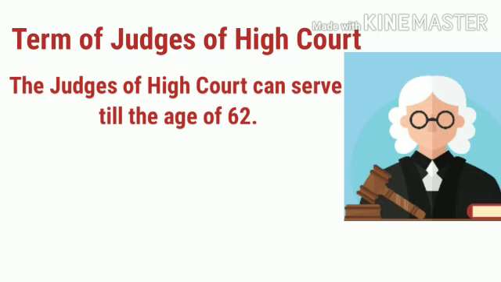After retirement, they may be appointed judges of the Supreme Court, or they may practice as advocates either in the Supreme Court or in any High Court other than the High Court in which they served as judges.